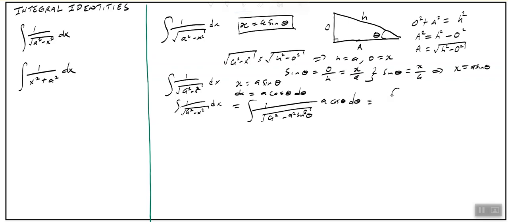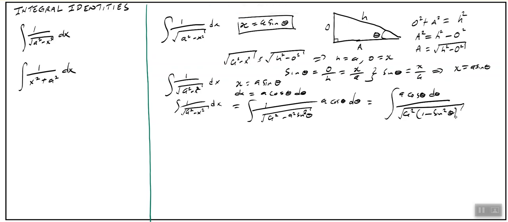Now, we can simplify further. This will give us a cosine theta d theta divided by, I can factor out a squared, so I'll have 1 minus sine squared theta, right?